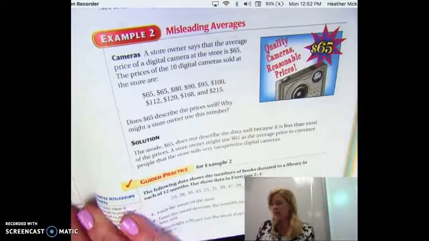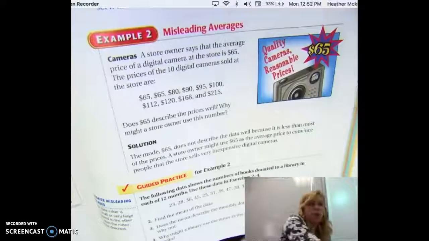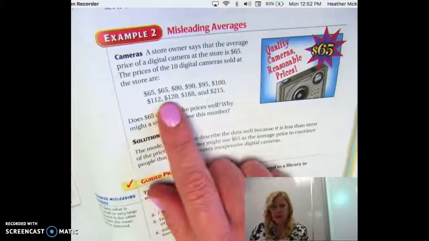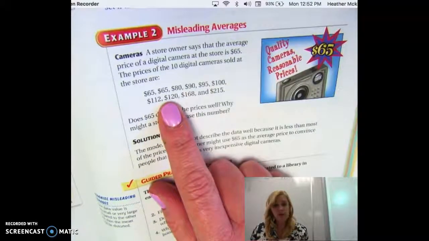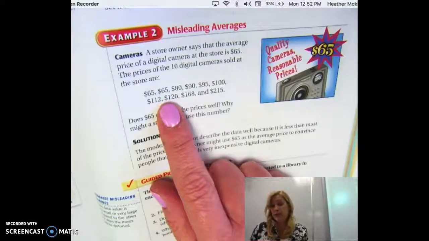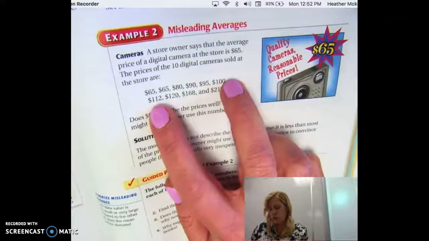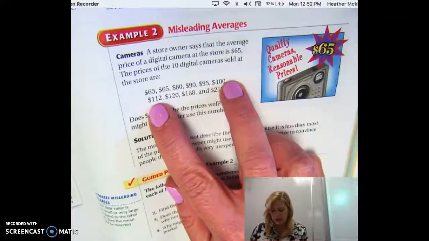That's a tricky advertiser. What would the better way to figure this be? We are looking at a mean, and I've already figured this out, of $111 is if you add them all up and divide it. So it's about this one, between 100 and 112, I would say, is what we would walk out with.